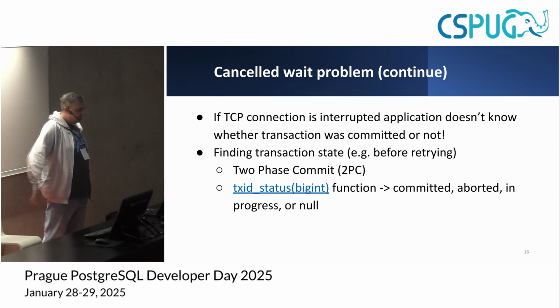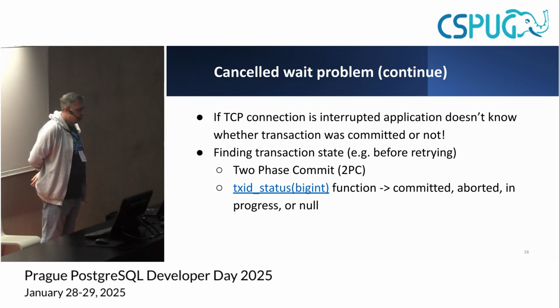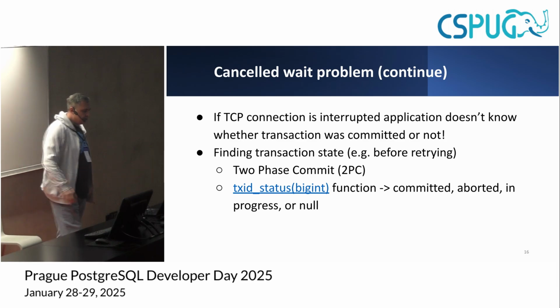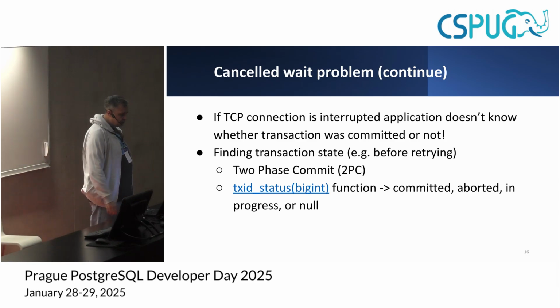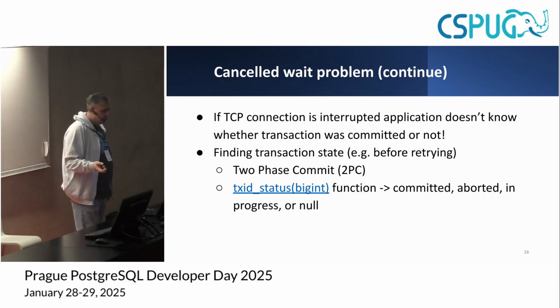There are two ways of doing this. One could use a two-phase commit, which is very heavy and requires special coding in the application. Or, for instance, you can use a built-in function which allows you to check the state of a transaction, like whether it was committed, aborted, or is still in progress.